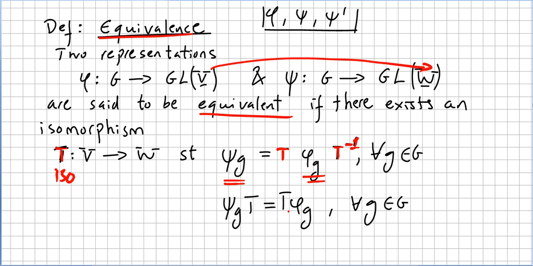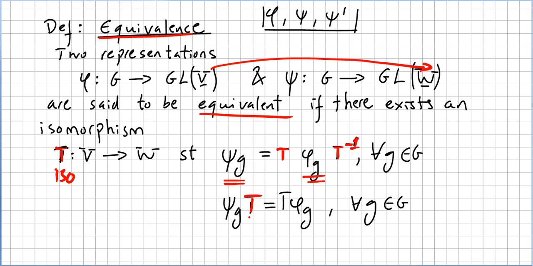Now, is this correct? Yes, it is. If you right multiply both sides by T, so you put a T here and a T here, T inverse times T is the identity, so it disappears. This is a different way to write it.